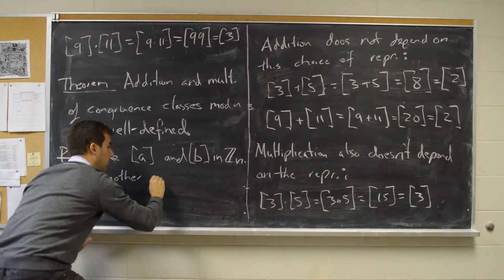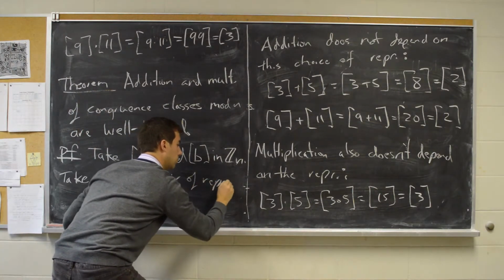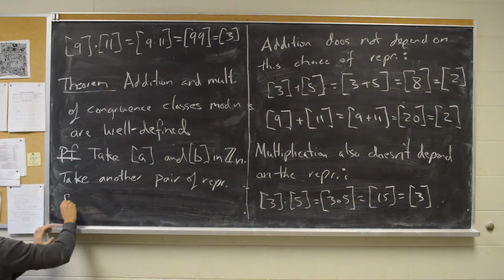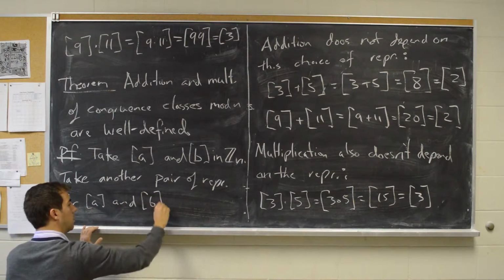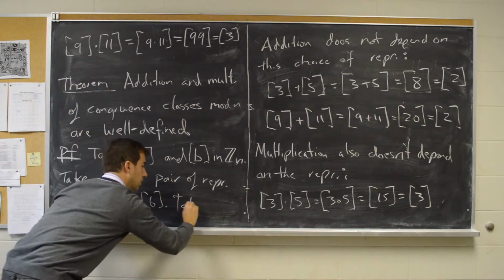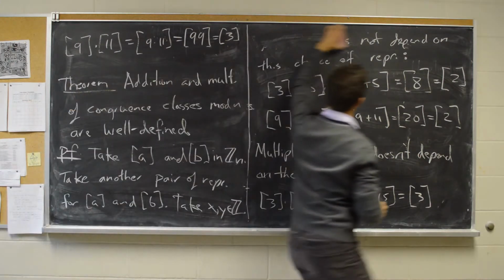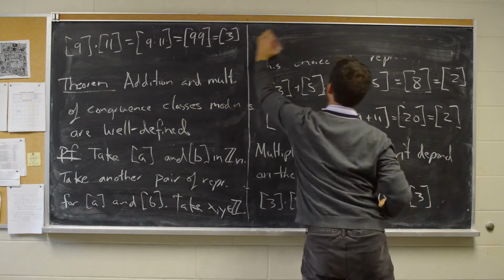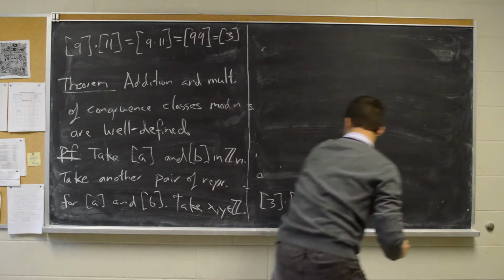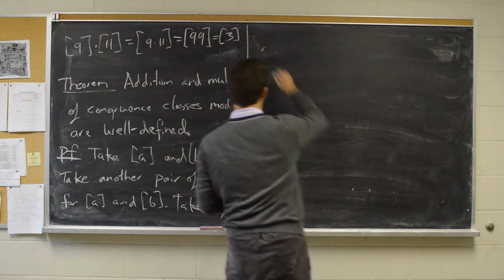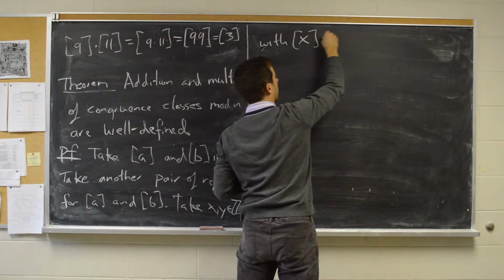So take another pair of representatives for A and B. So that is, we're going to take x and y integers and we're going to make sure that x and A are equivalent so that they represent the same equivalence class.